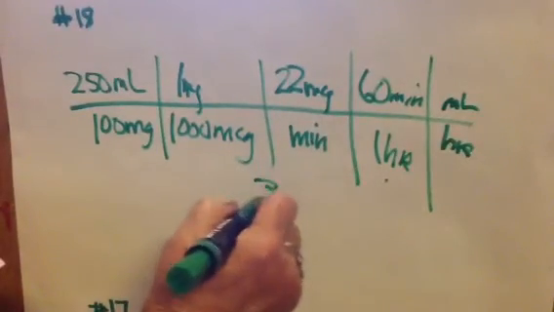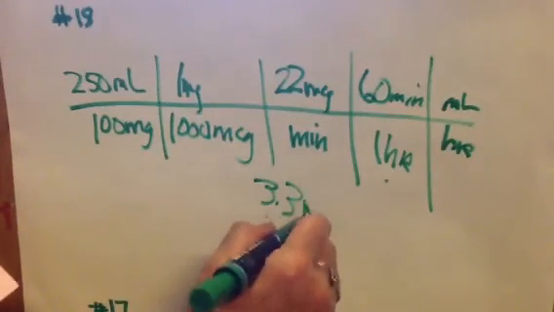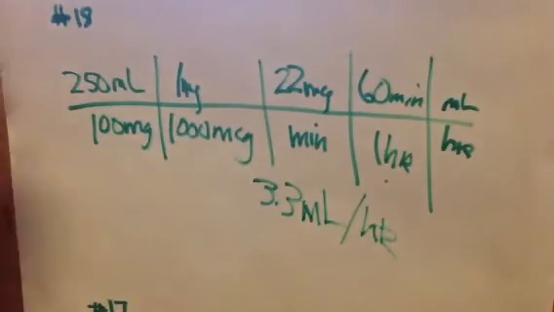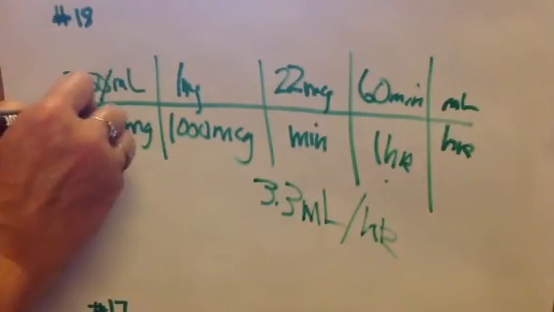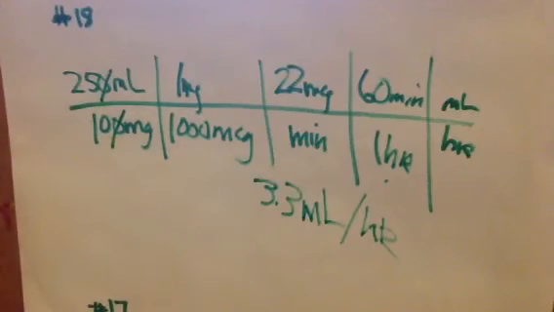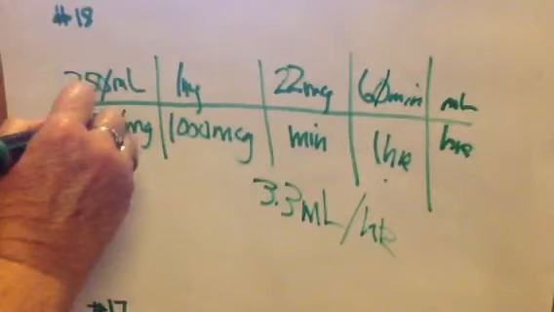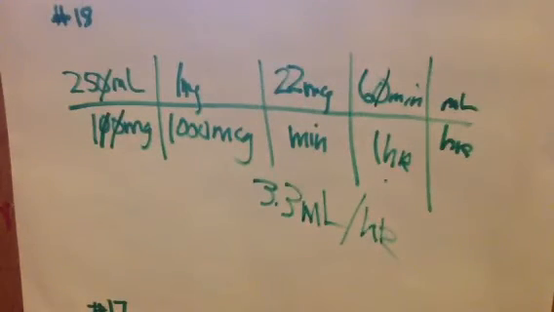And when we figure that out, it comes out to 3.3 milliliters per hour when you multiply all across that and divide. And remember too, you can go back and get rid of your zeros before you multiply. So there's that, and that, and that. So 3.3 milliliters per hour for number 18.